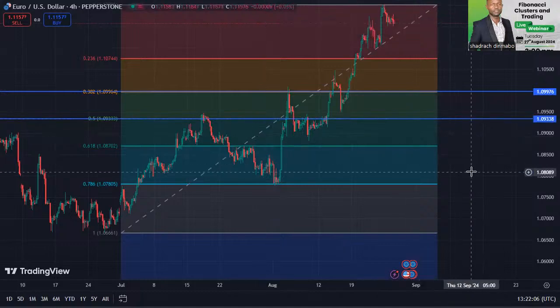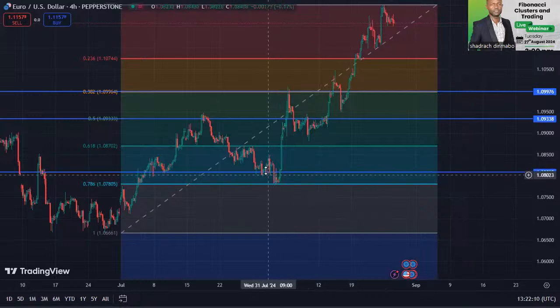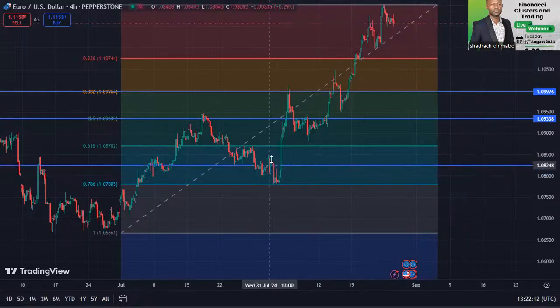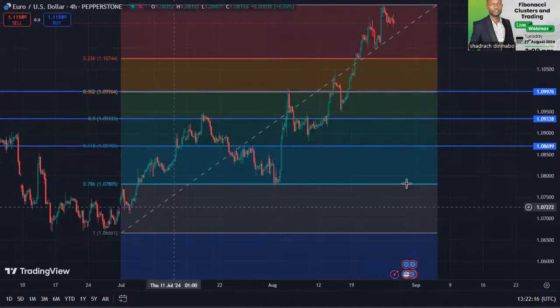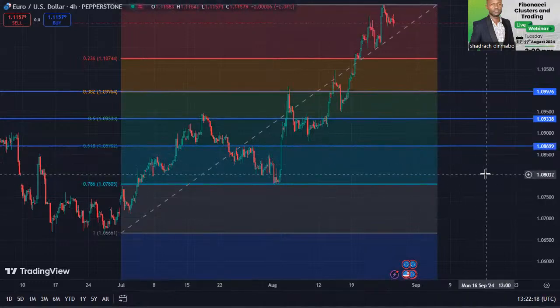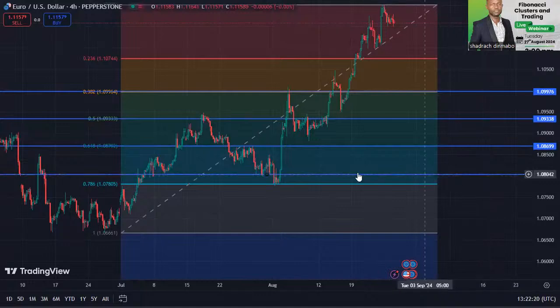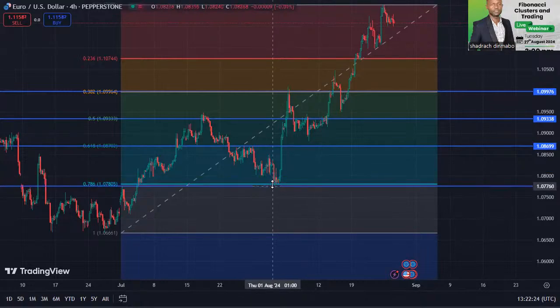Three, Fibonacci level of 61.8%. And then we come to Fibonacci level of 78.6. So these are the levels.